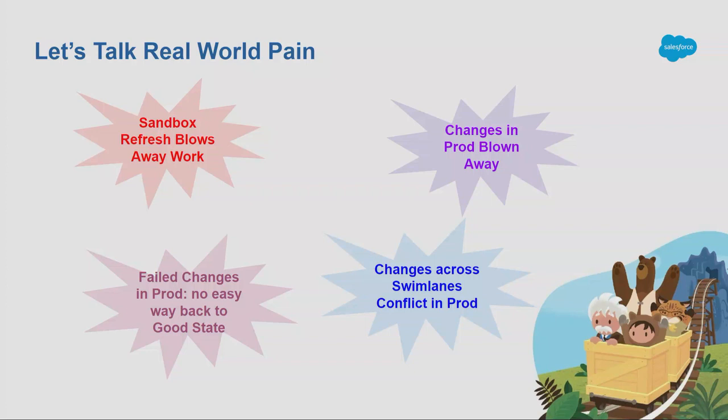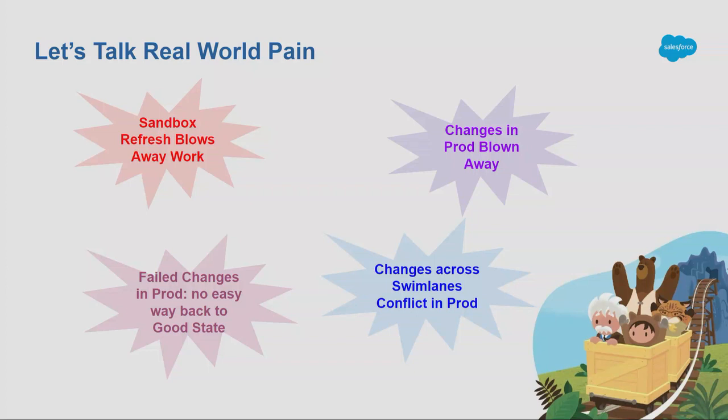Along the same lines, you could imagine that you've put forward a change. There's some other swim lane that's put forward another change, and you hadn't realized until maybe a pre-prod environment or maybe prod that your changes don't work well together. And again, you have that same issue of critical business processes failing because the code is conflicting with each other.